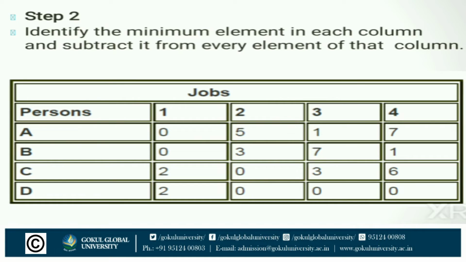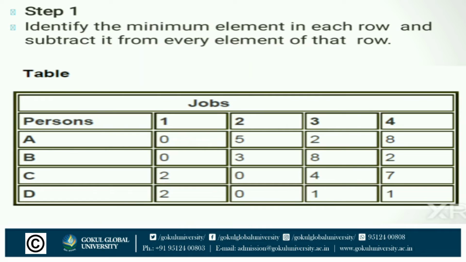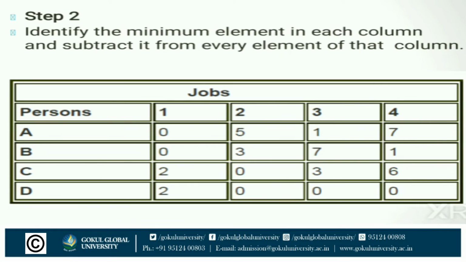For the third column, the smallest element, from the previous table, is 1, and the fourth column is also 1. Subtracting 1 from all the other values, we get this table. So the third column is 1, 7, 3, 0 and the fourth column is 7, 1, 6 and 0. Now we go to the third step.